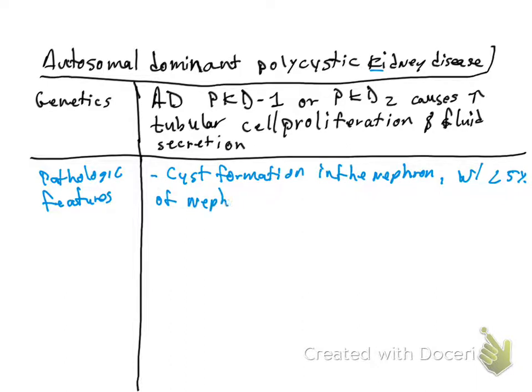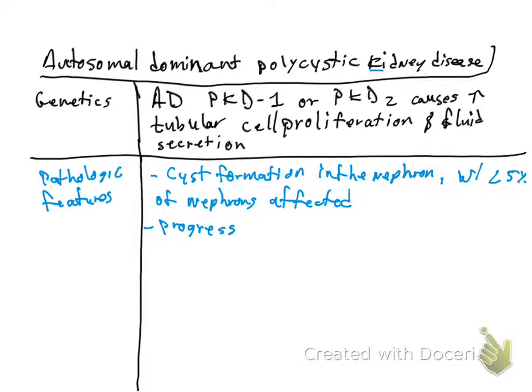Now, what else can we talk about in the pathologic features? The microscopic cysts present at birth progressively enlarge over the decades. So basically it is a progressive disease.